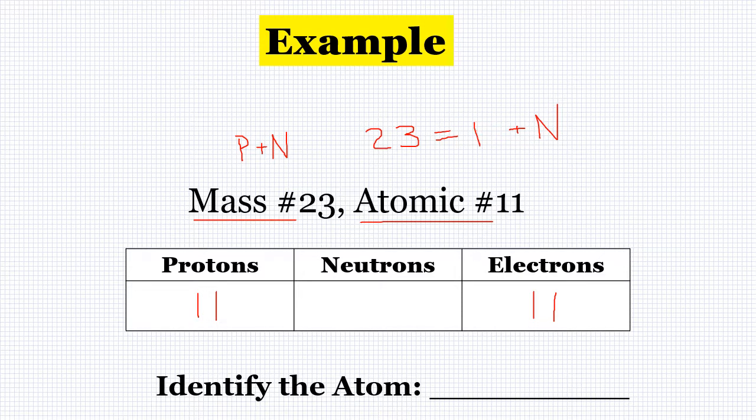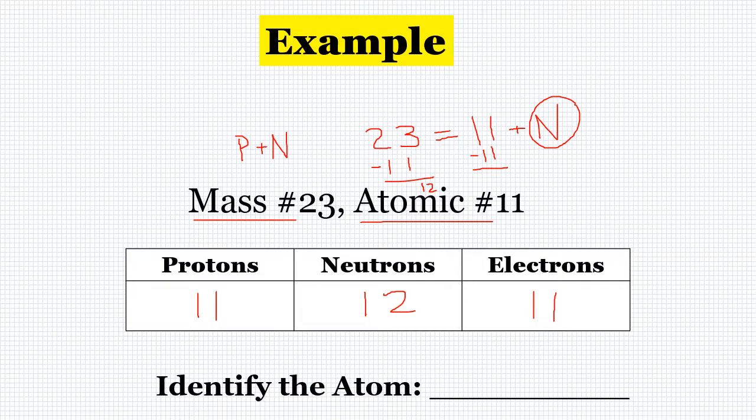Well, we already know that the number of protons is 11. So we just have to do a little bit of math here. So 23 minus 11, move that 11 over to the other side. 23 minus 11 is 12. Running out of space here. So the number of neutrons is going to be equal to 12.